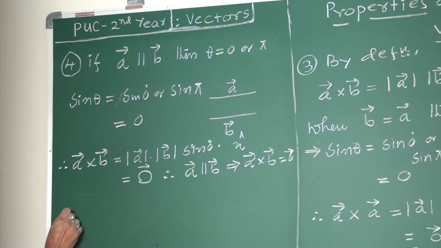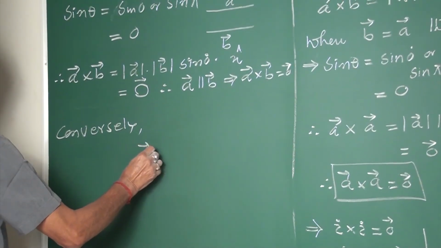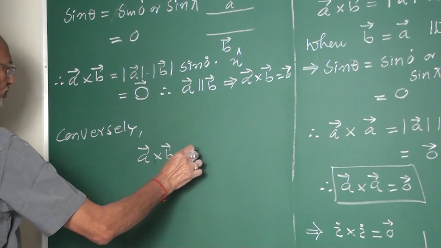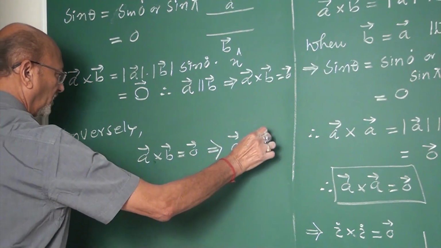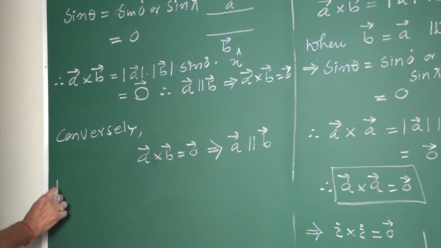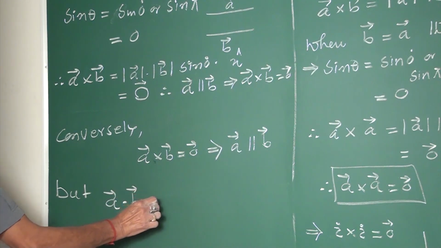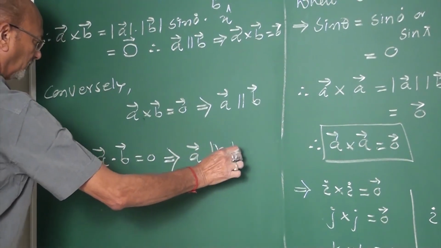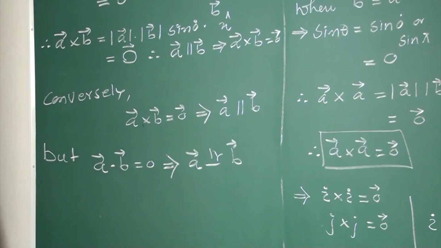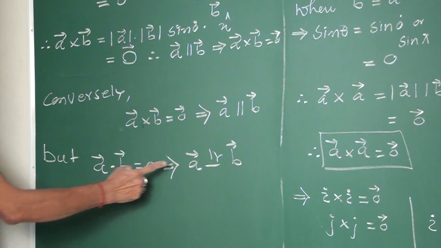Conversely, my friend, A cross B equal to zero vector implies vector A is parallel to B, but A dot B equal to 0 implies vector A is perpendicular to vector B. My friend, cross product 0 parallel, dot product 0 perpendicular.